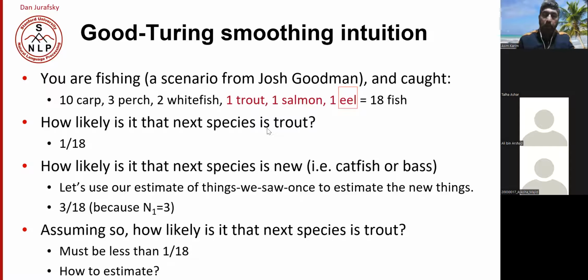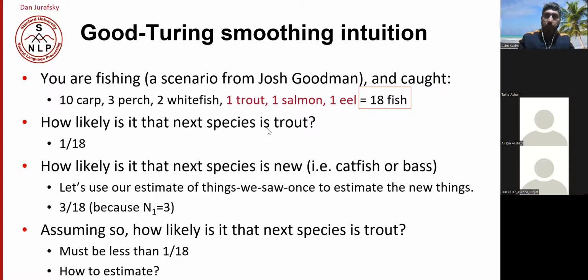So if we use MLE, and I wanted to find the probability of, let's say, eel, which occurred once, the maximum likelihood estimate of the probability of eel would be 1/18, right? And the probability of carp would be 10 over 18.